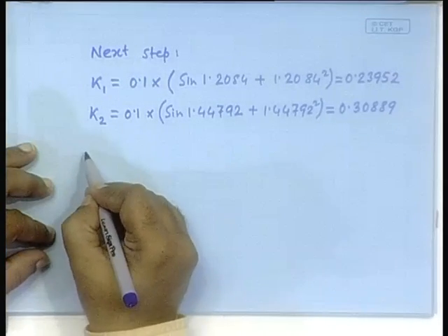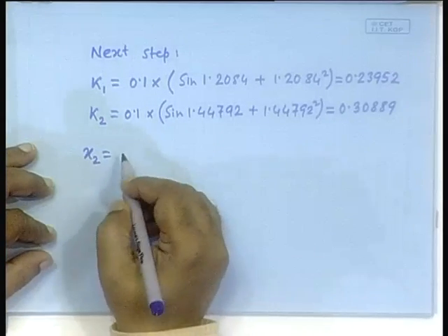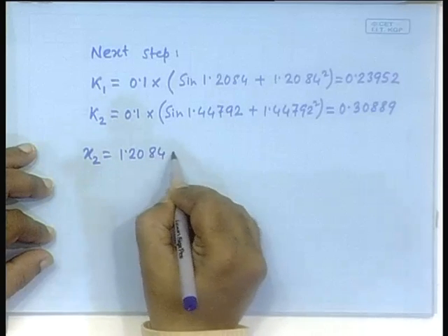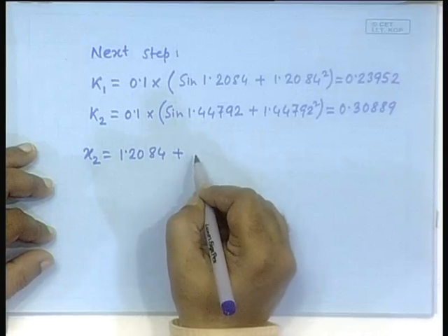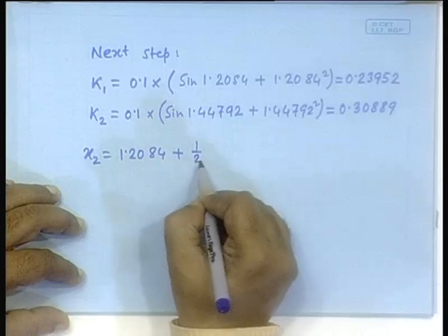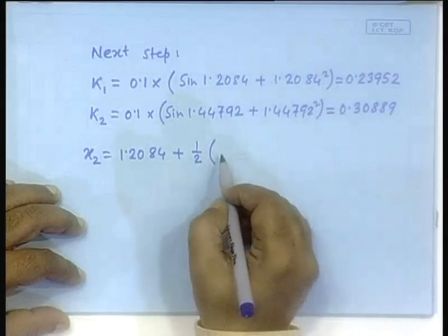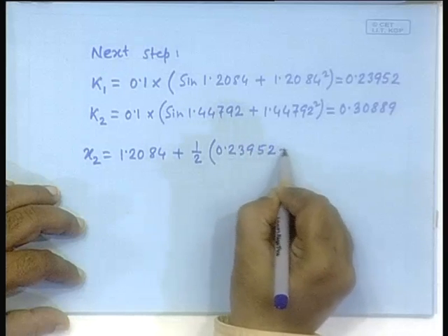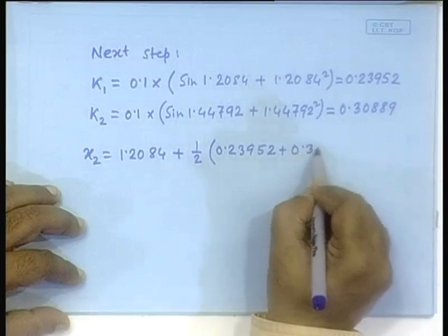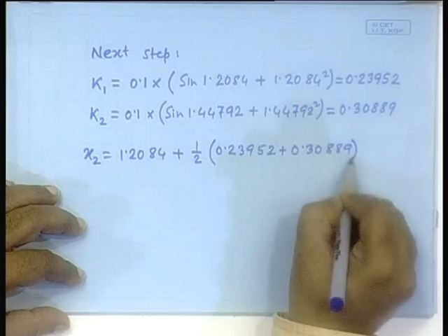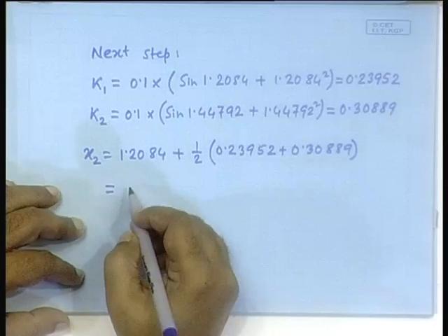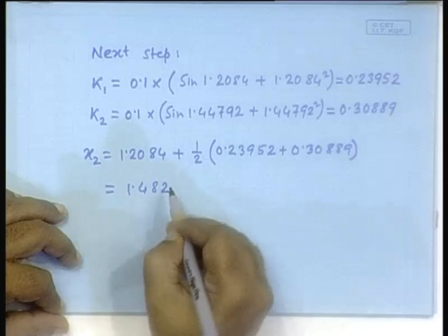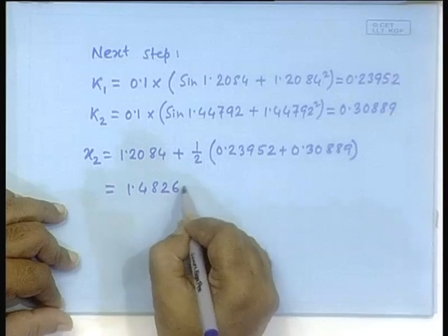Once you have done this, you can calculate x2 is equal to x1, 1.2084, plus now half of k1 plus k2, 0.23952 plus 0.30889, is equal to 1.482605.